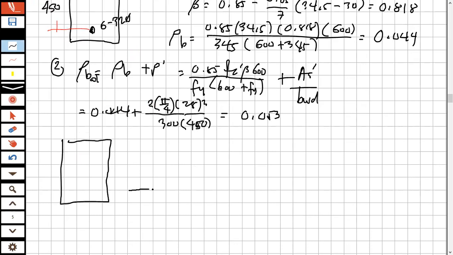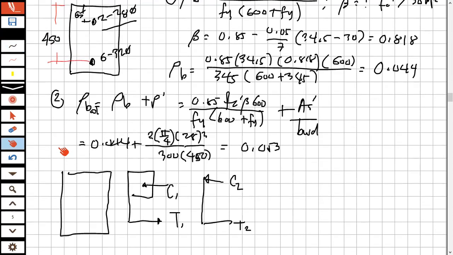So first is para sa concrete, ito, no? C1 at saka T1. Pangalawa naman is para sa compression reinforcement. Nasa taas lang siya konti. C2 at saka T2. May mga A_s1 na tayo at saka A_s2 kasi given yung reinforcement. So may hint na tayo ito.